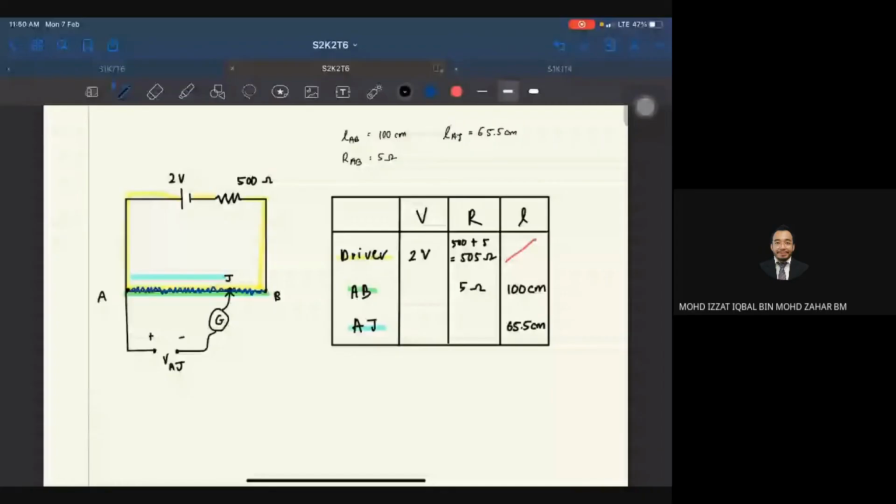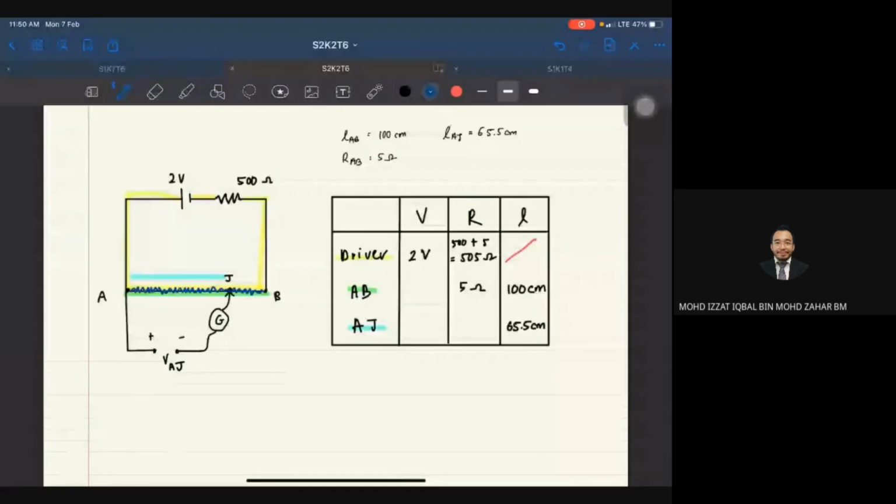If I want to solve VAJ, I can take the pair of this one. I can pair it with the one beside it, but I have to find this value first. Alternatively, I can jump and pair with this one. So basically, I can ignore the R when I combine the pair.